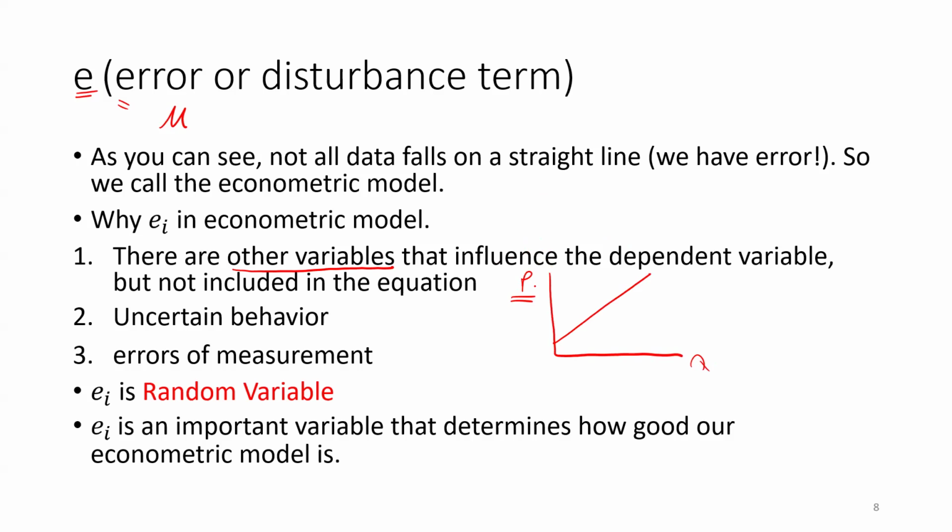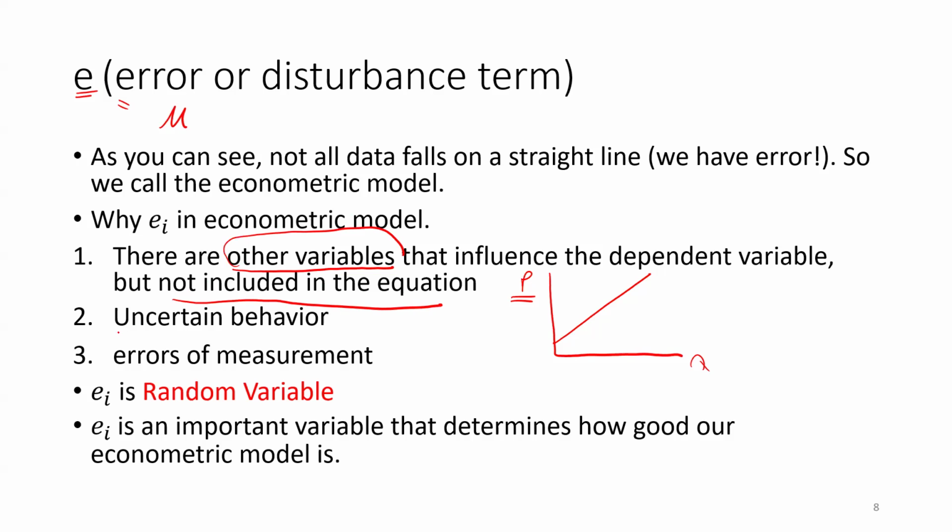It may depend on other variables as well. For example, previously we had a pandemic, COVID-19, right? The sales may have slipped down or fallen because of COVID-19 as well. So there may be other variables that affect quantity of sales but are not included in the equation. So we call it error.